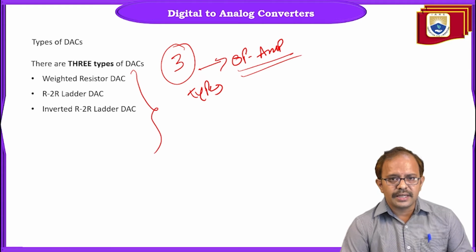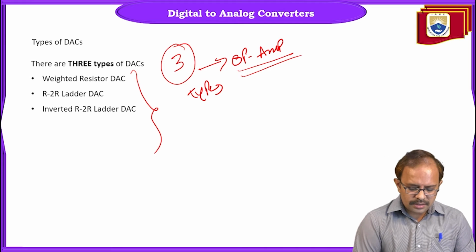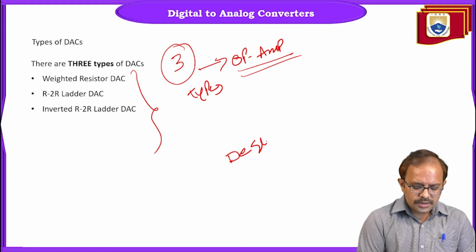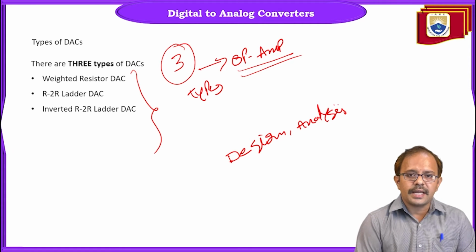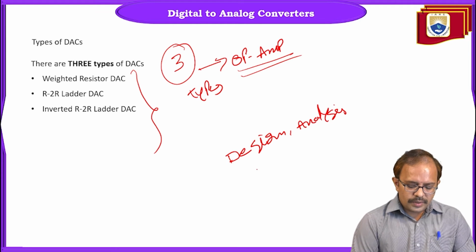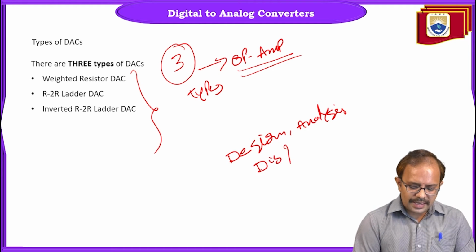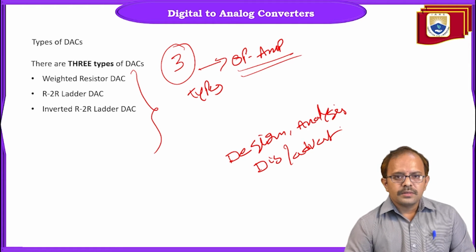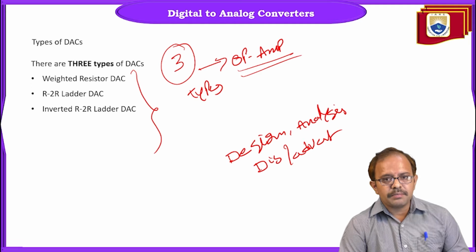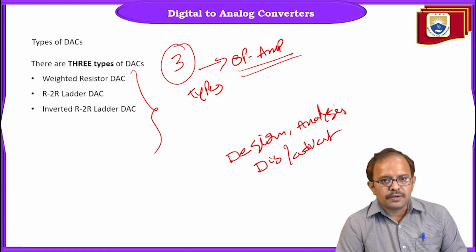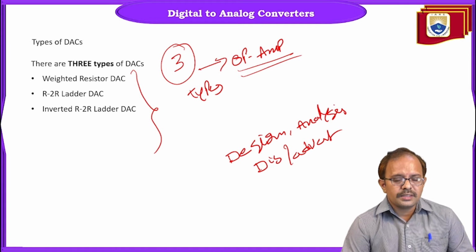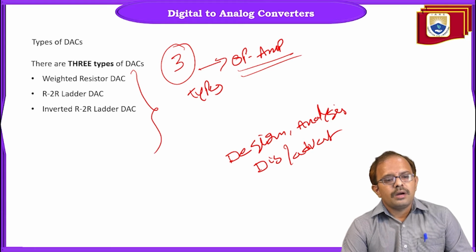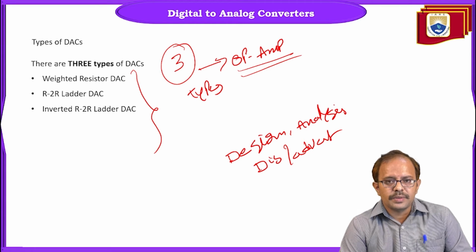As we proceed in the lecture, you will come to know how to design, and we are going to perform some design analysis, and then discuss the advantages as well as disadvantages of each technique. Since we define multiple techniques to perform digital to analog conversion, we need to describe the advantages and drawbacks of each technique.